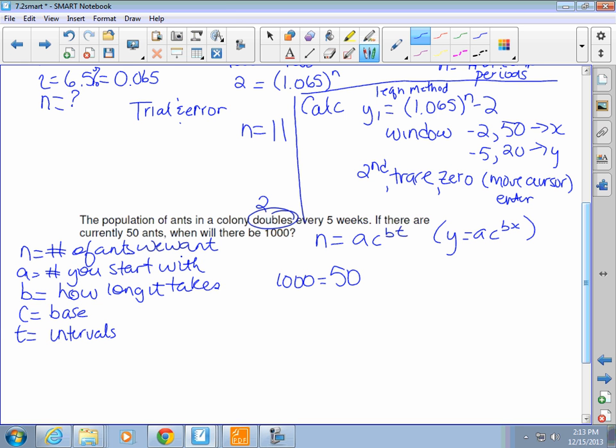So our base value is a 2. And then our T value is what we're trying to find. And these are in 5-week intervals.